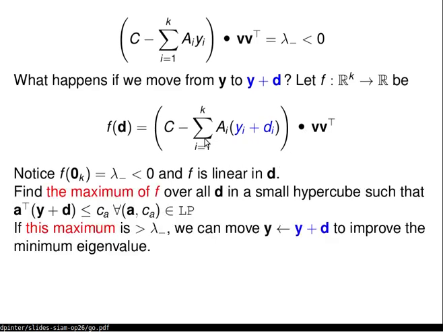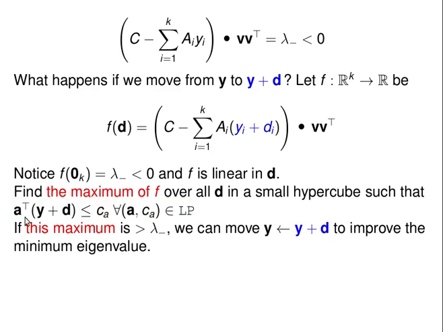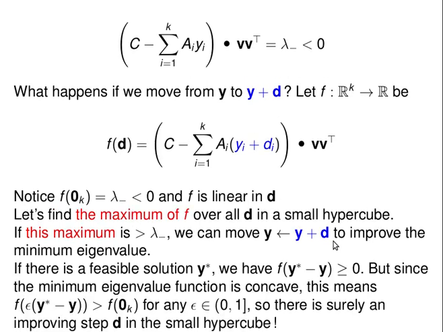Let me find the maximum of f over all d in a small hypercube around 0, still enforcing the linear constraints. This is a standard LP. If this maximum of the standard LP is above lambda minus, this means I can move from y to y plus d and improve the minimum eigenvalue. Modulo some technical details, this is very often the case.